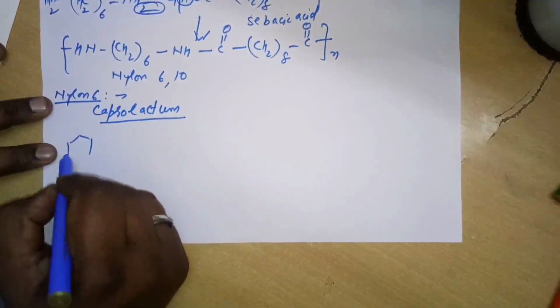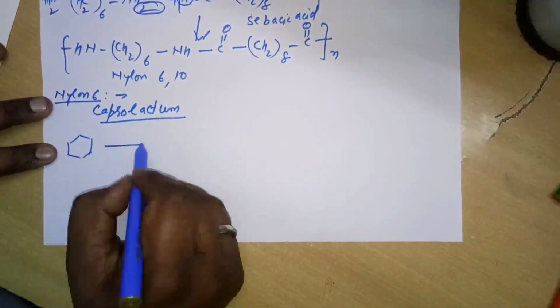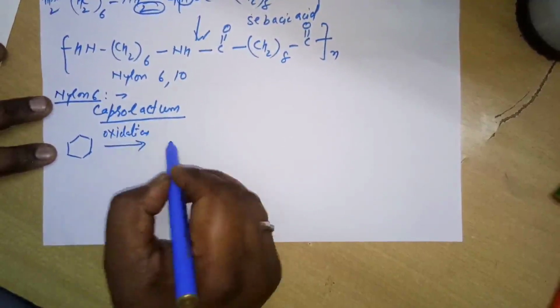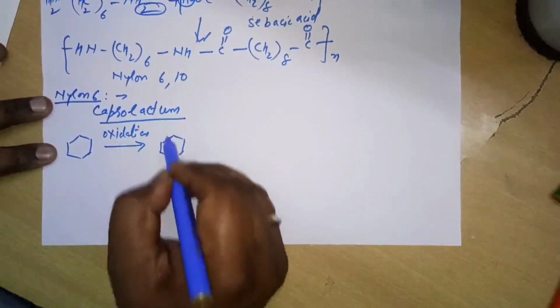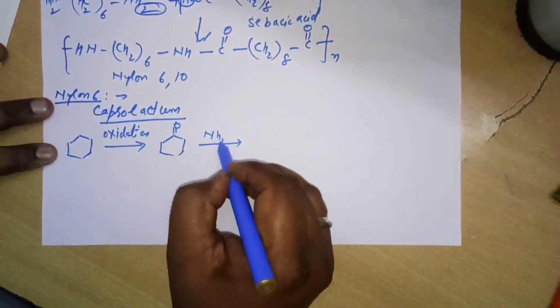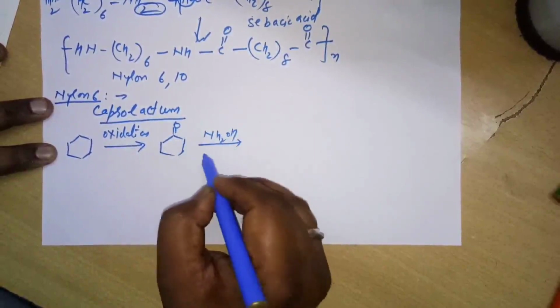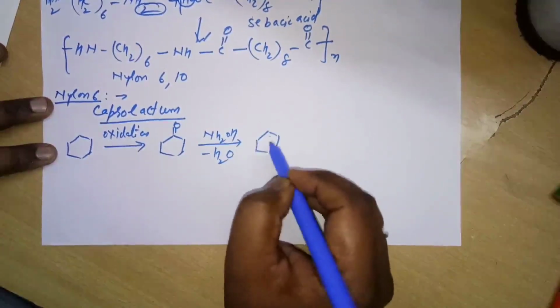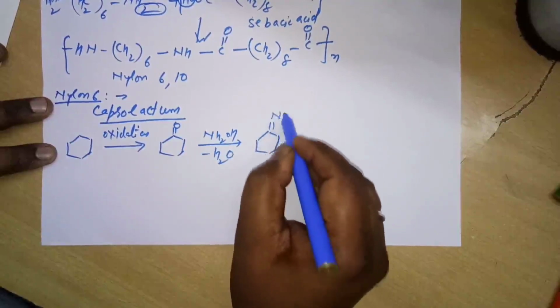Caprolactam is prepared from cyclohexane. This cyclohexane on oxidation gives cyclohexanone. This on reacting with NH2OH, here water is removed, we get cyclohexanone oxime, with NOH.